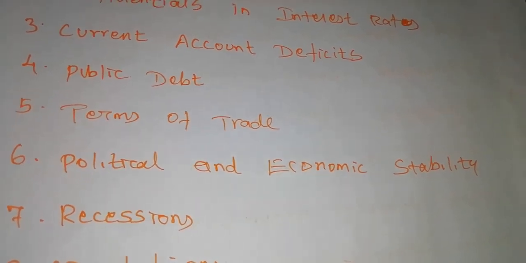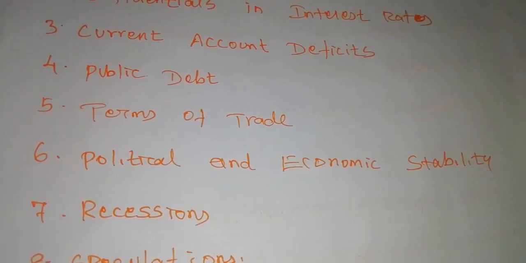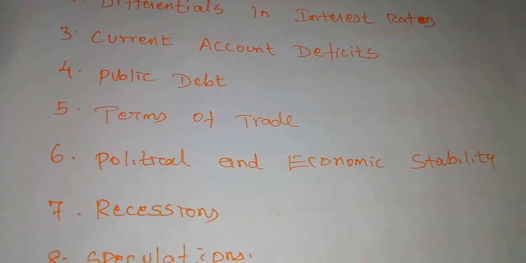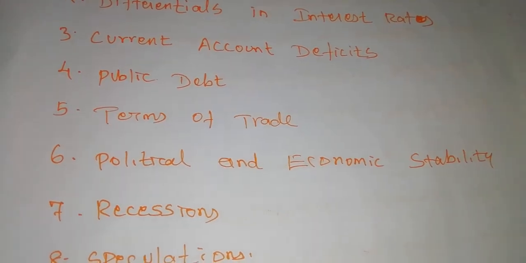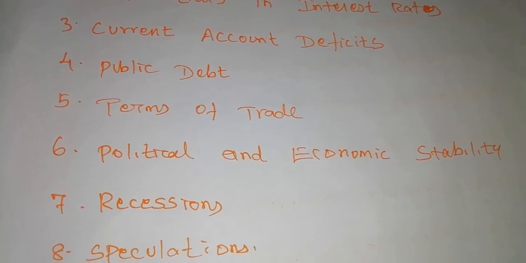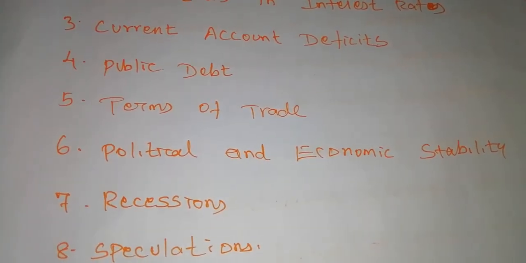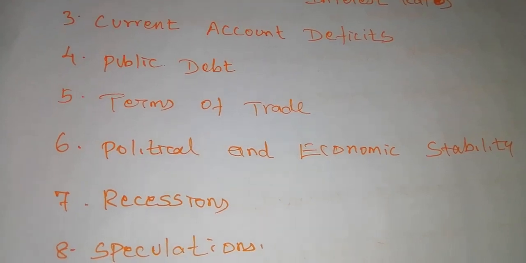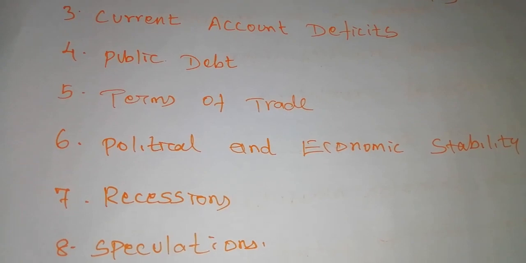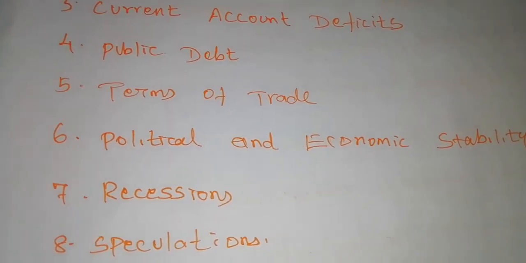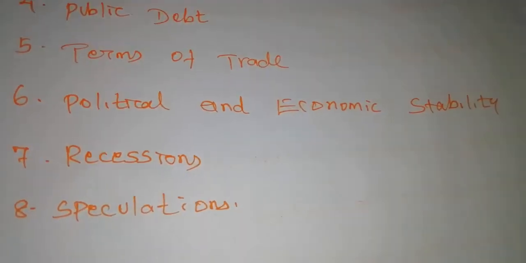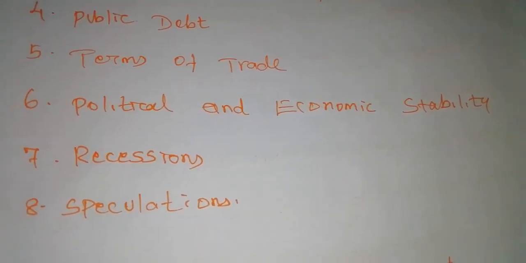When we have a favorable balance of trade, our currency value may increase, because increasing our exports means the demand for our commodities is higher in other nations. So we can fix a higher price for our commodities. Whenever other nations' people want to consume our commodities, the value of our currency will automatically increase.